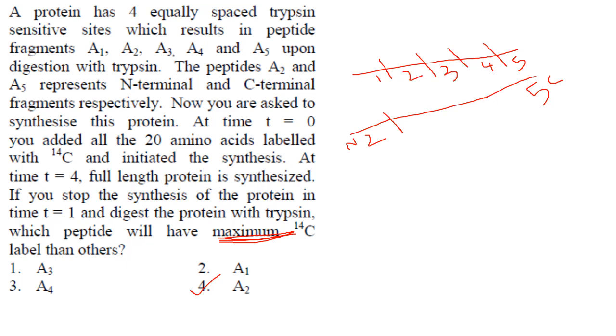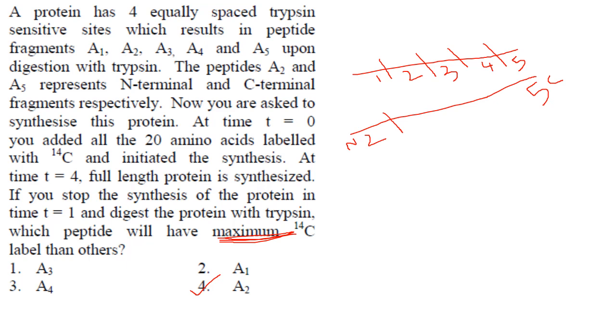So you have got A2 over here and A5 over here. This is your N terminus and this is your C terminus. What I have drawn here, A1, A2, A3, A4, A5, that is not the order in which the fragments are present. So they have given in the question A2 is at the N terminus and A5 is at the C terminus. Now you are asked to synthesize this protein.